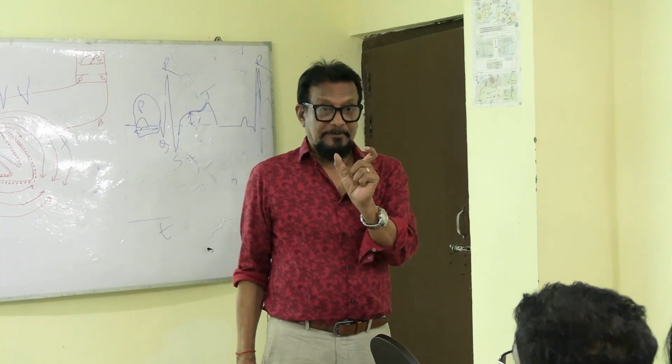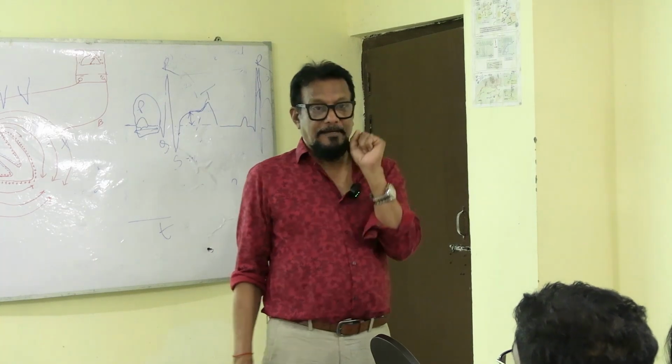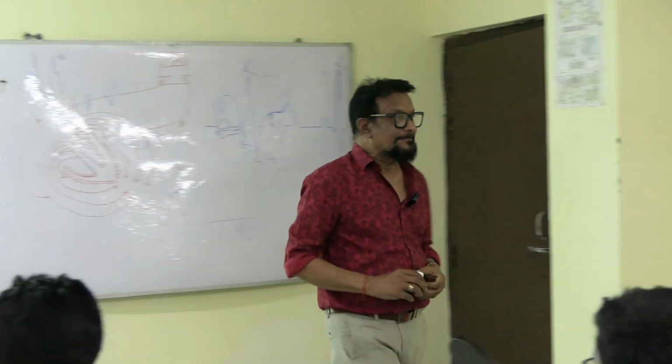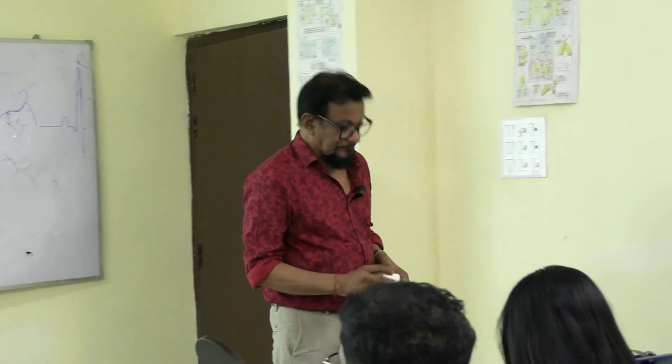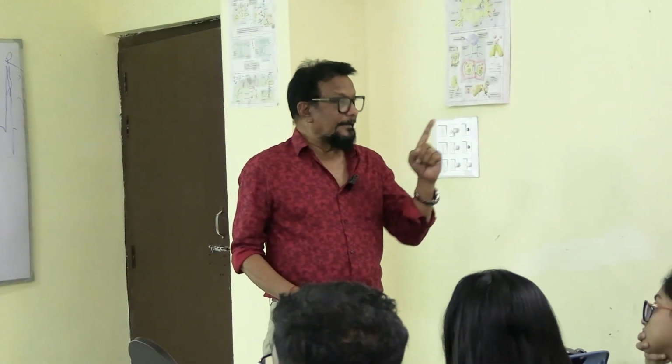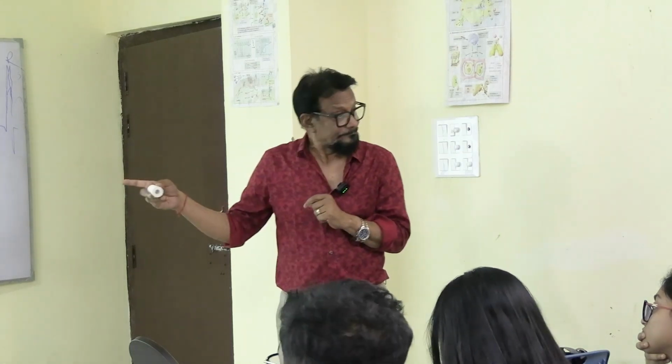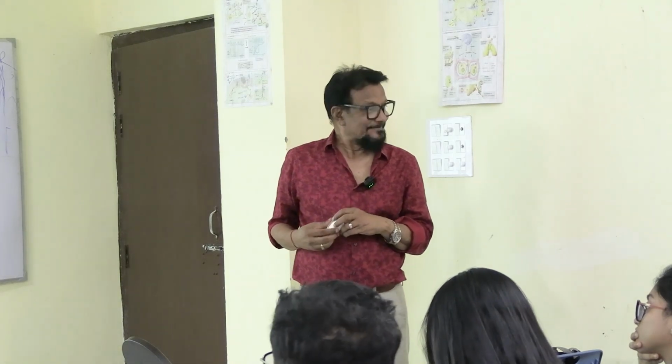So these are the intervals. For example, the PR interval. What is the PR interval? From the beginning of the P wave to the beginning of the Q wave. So this is called the PR interval.